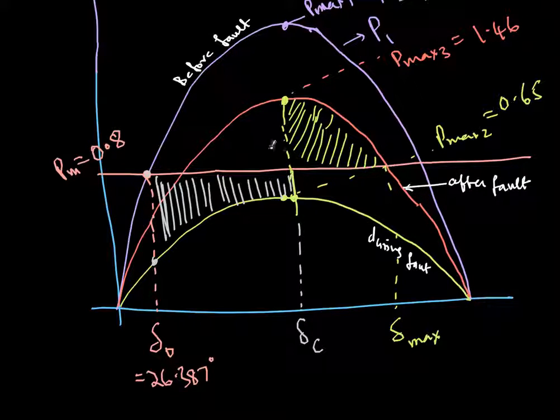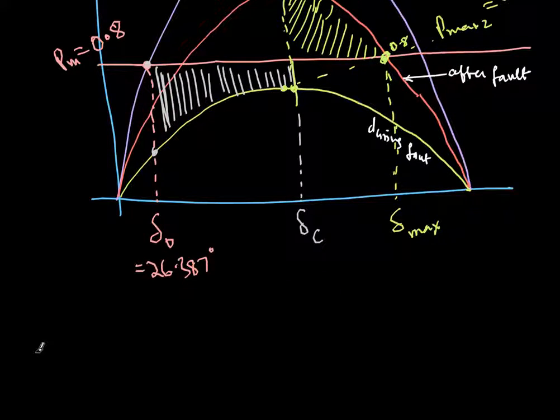So delta max I can actually find out. So how to find delta max? Because I know this curve, this is 0.8 and this point is 1.46. So from 0.8 over 1.46, I can do sine inverse. Then I'll get this angle that I have to subtract from 180. So first let me start doing that.